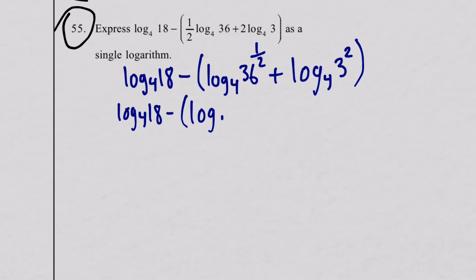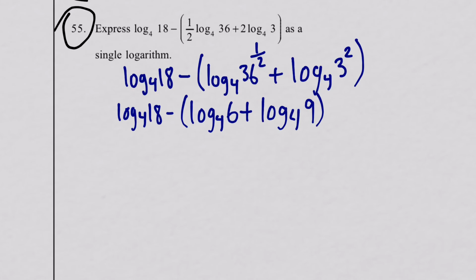Log base 4 of 6 plus log base 4 of 9, because it's 3 squared. Much simpler now. Now I can use that property where I can add them. They have the same base, so I can add them simply by multiplying these two numbers. So it's going to be 9 times 6, 54.